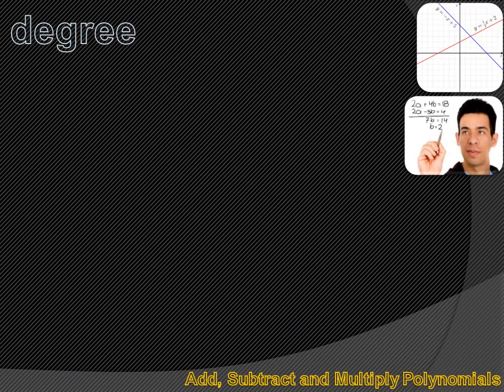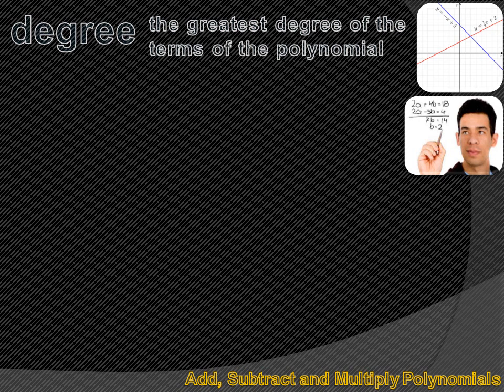Here's a little bit more vocabulary. What does degree mean? Well, degree is the greatest degree or power of the terms of the polynomial. If I had 3x, the x is to the first power, so my degree is 1. But what if I changed it to 3x squared?